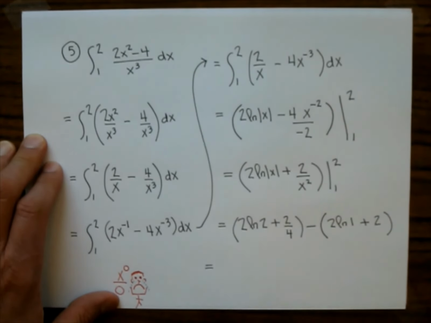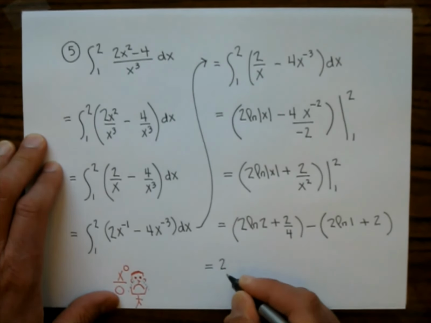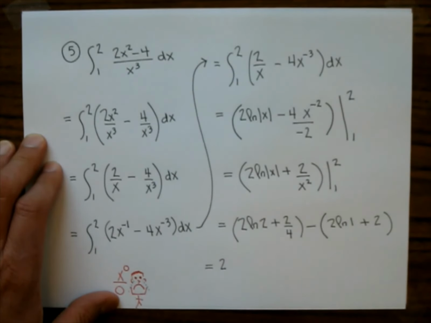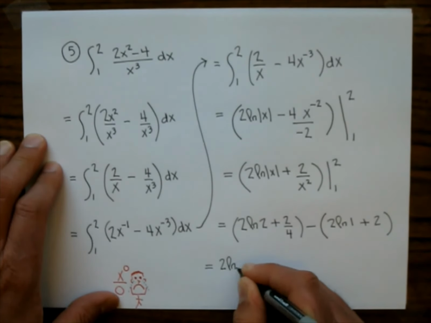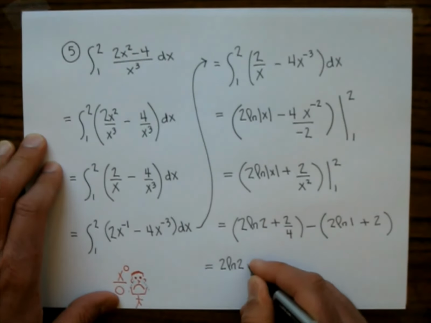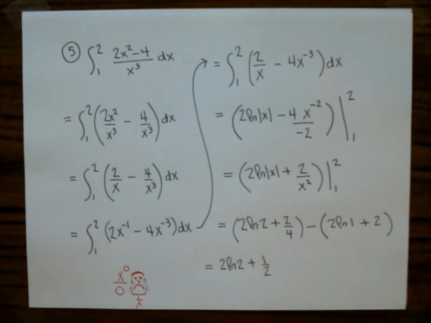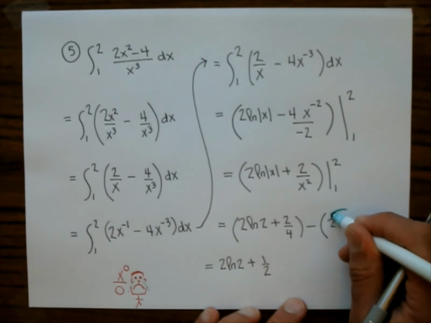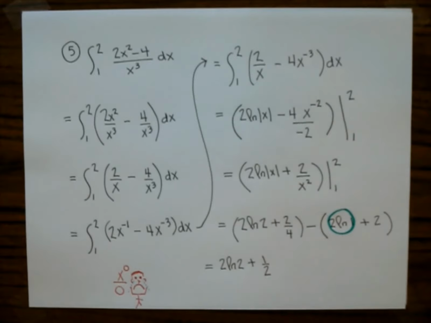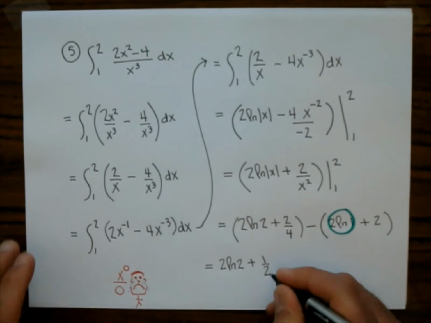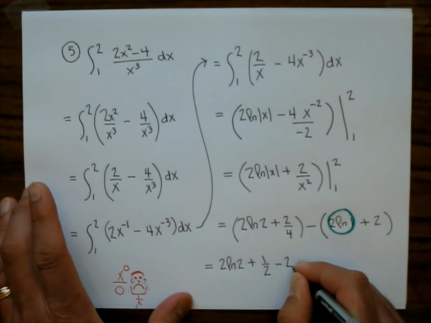Okay, so this is 2 ln 2, and we have plus 1/2, and maybe you remember the log graph, but the ln of 1 happens to be 0, so that guy's out of there. And then I have minus 2.